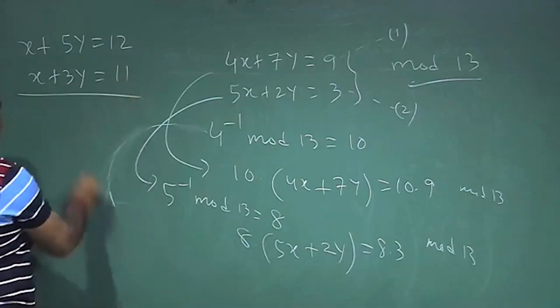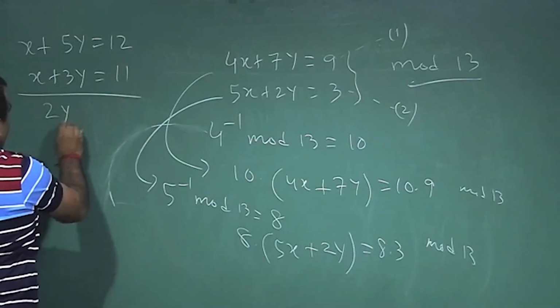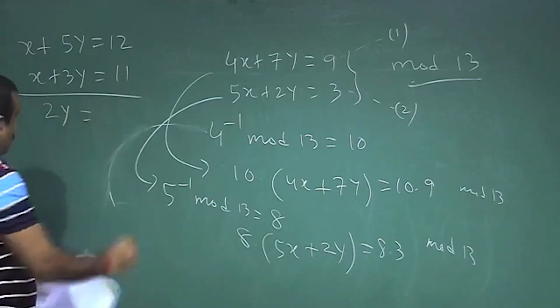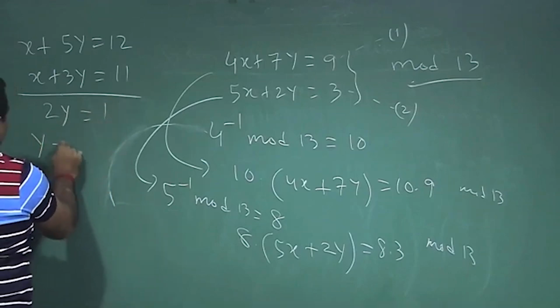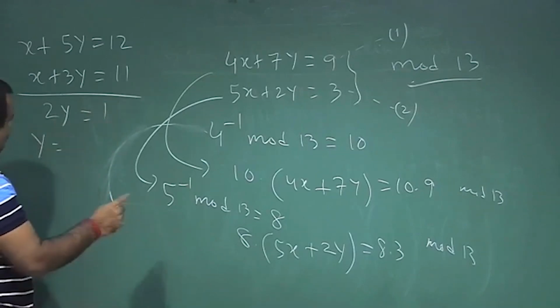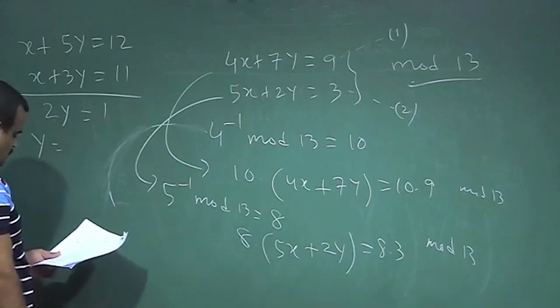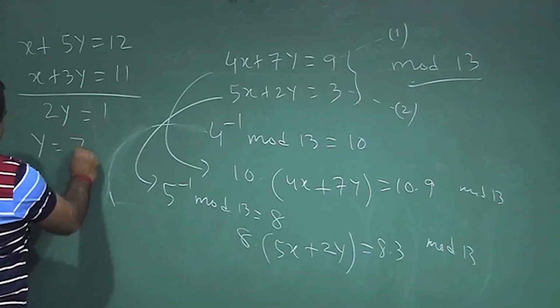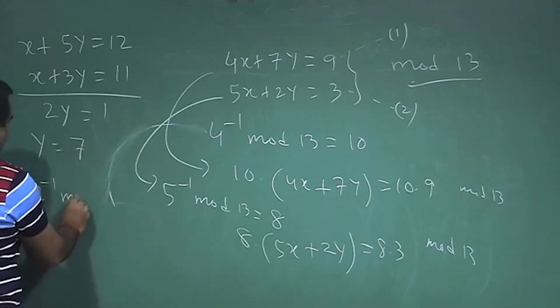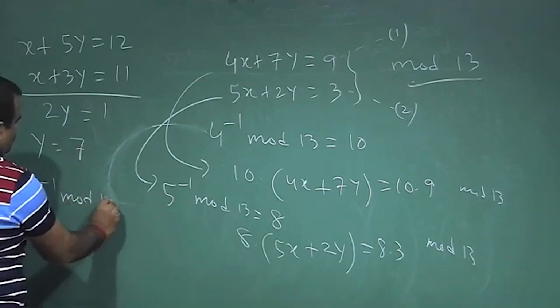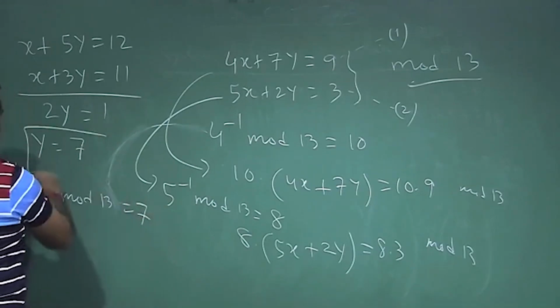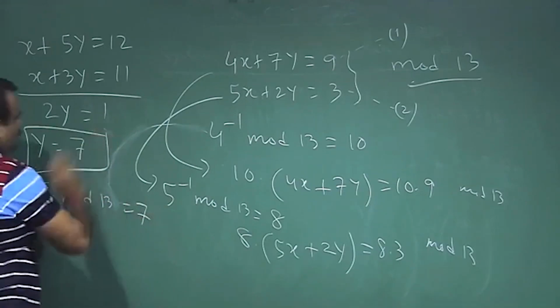Now, if we subtract, we get 2y equal to 1. So y is equal to 2 inverse mod 13, which is 7. So we got y as 7.